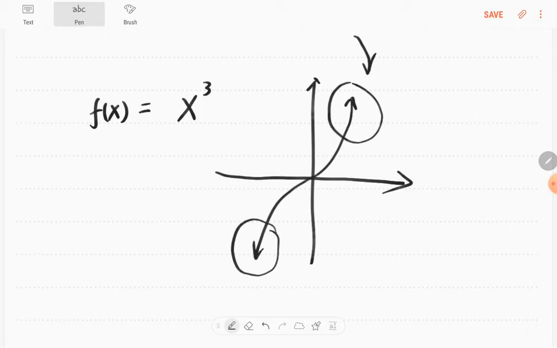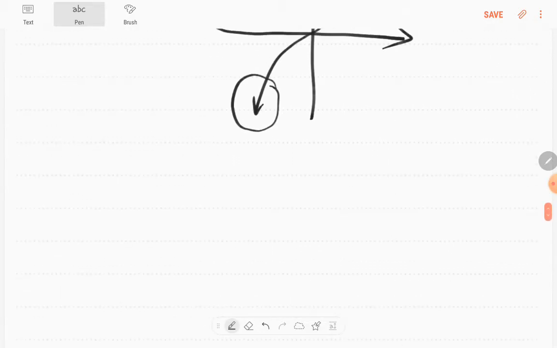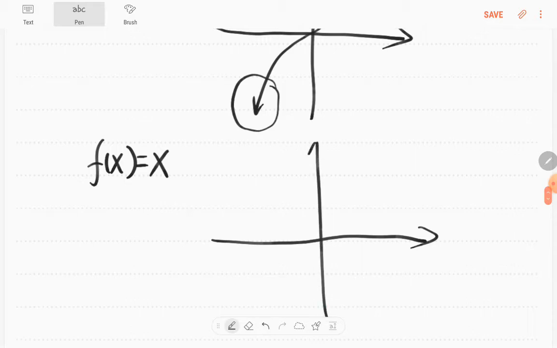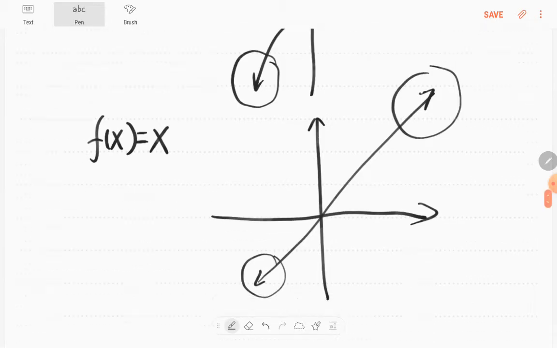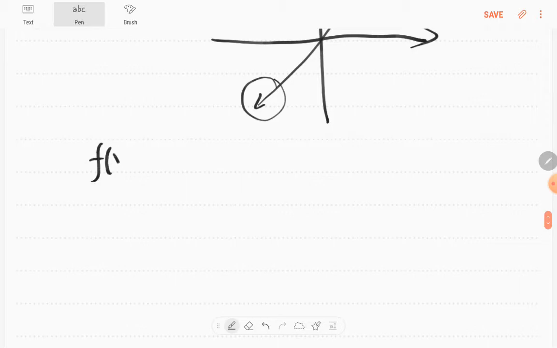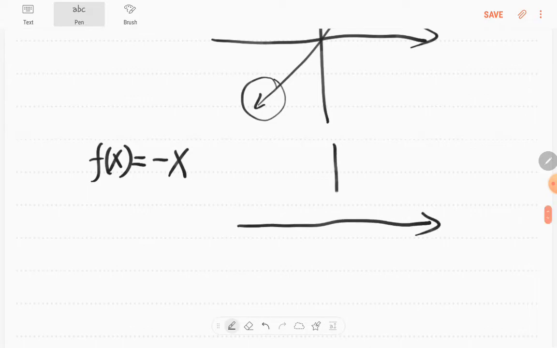Okay. Another example is f of x equals x. Right. So this would start below the x-axis and end above the x-axis. Right? If you have f of x equals negative x, so the leading coefficient a sub n equals negative 1, less than 0.